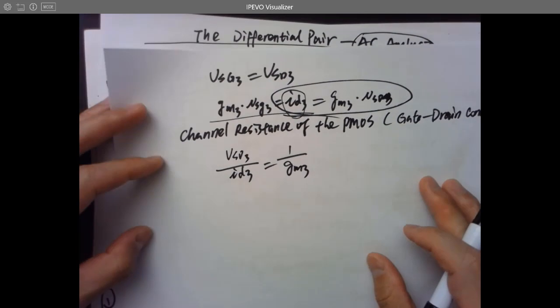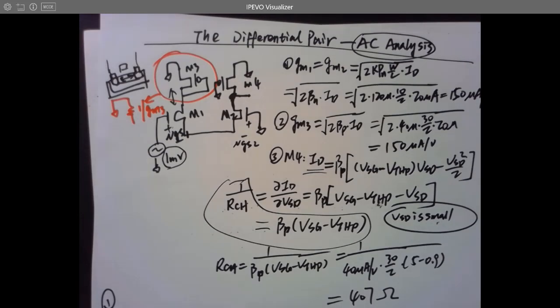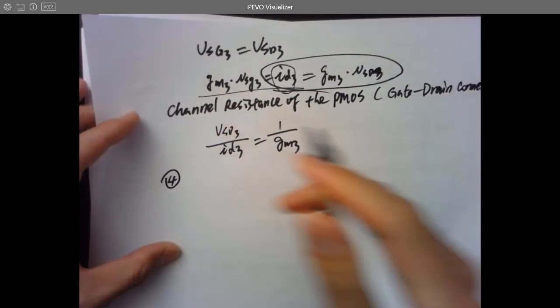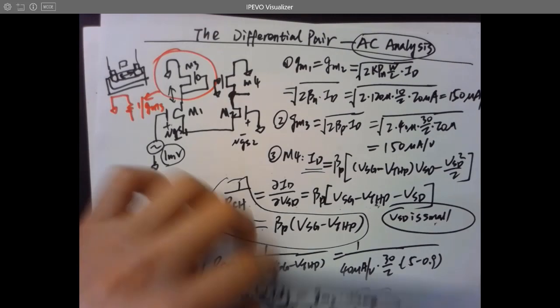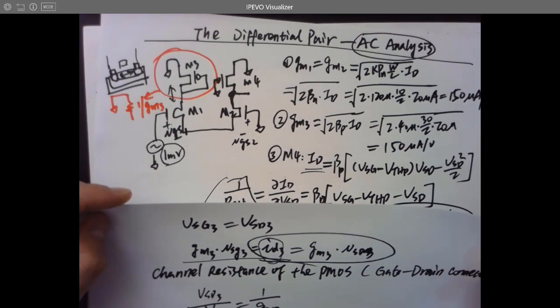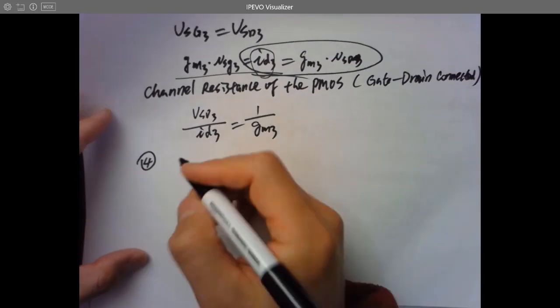And next, number 4. Since we already know all the GMs for every single transistor, now is the time to calculate ID. So ID is AC ID, right?